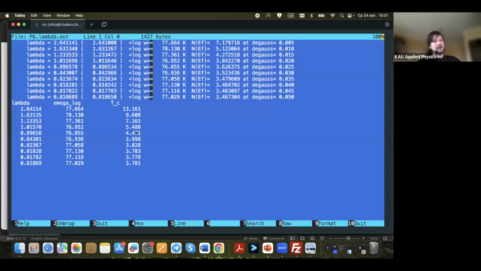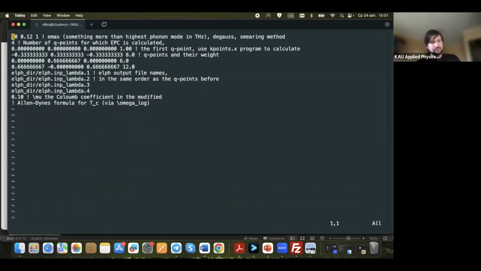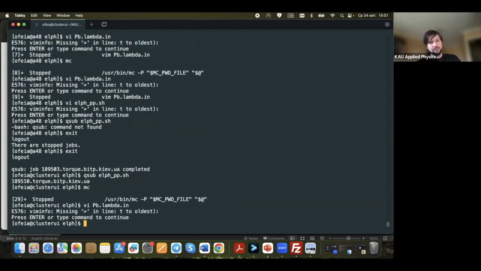And now I want to change mu. Let's see what will happen if I change mu. In pb lambda in, I can change mu here, for example to 0.15. What will happen?